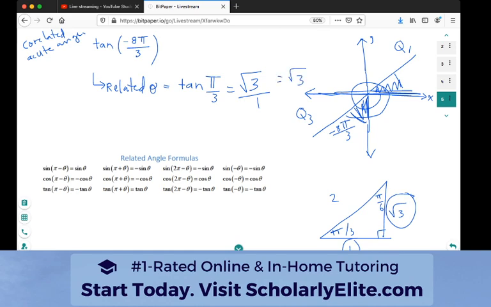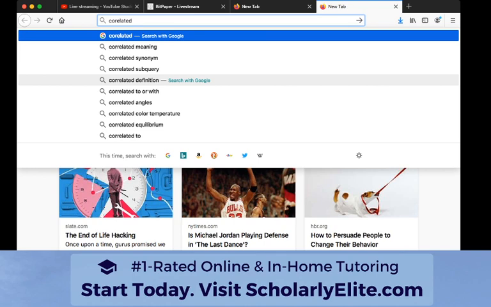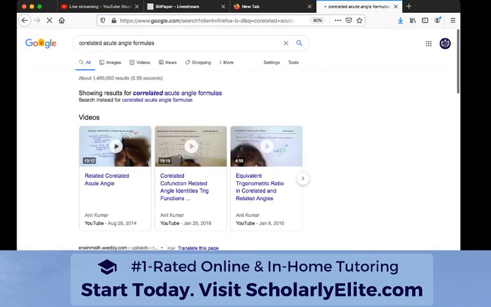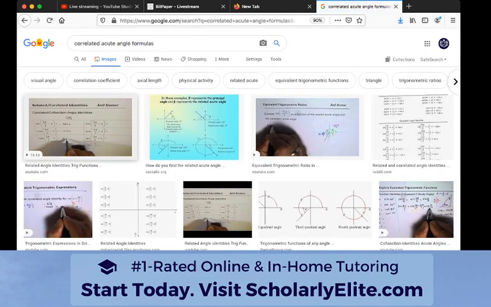Well, that actually is also going to apply up here. So we have cotangent of pi by 2 minus pi by 3. Let's just see if there's any standard. Yeah, so the correlated identities do exist. And it just depends on which quadrant you're in.